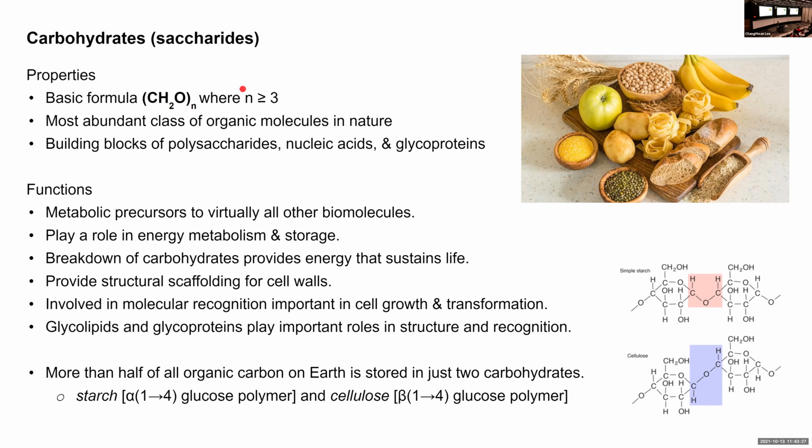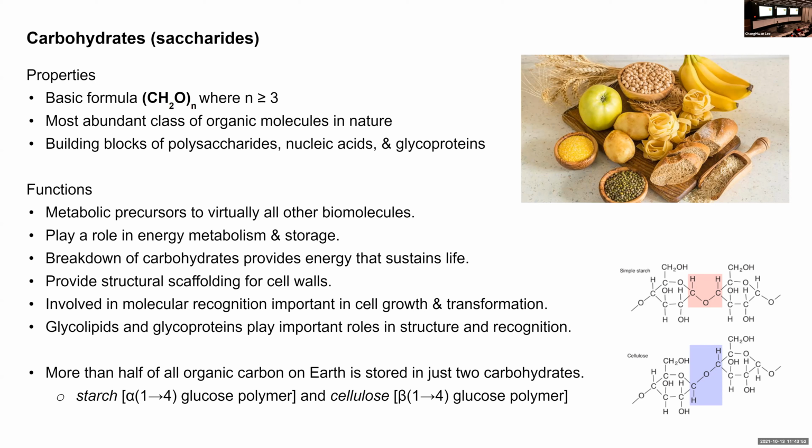These carbohydrates are the most abundant class of organic molecules in nature. So you're going to see a lot, more than half actually. The carbohydrates contain the little sugars, monosaccharides, as well as disaccharides, oligosaccharides, polysaccharides, and things like that. Depending on how many polymer chains you have, it actually includes all of them.